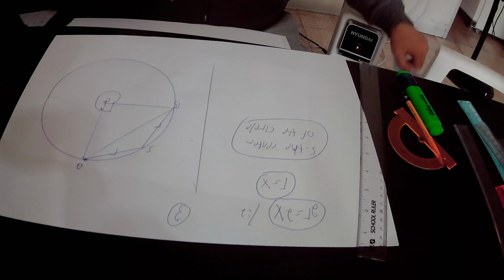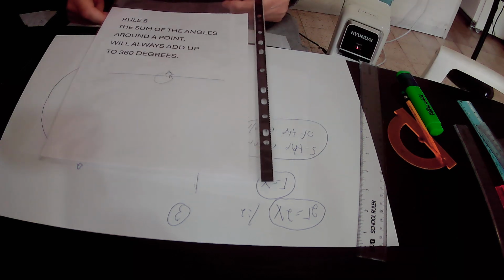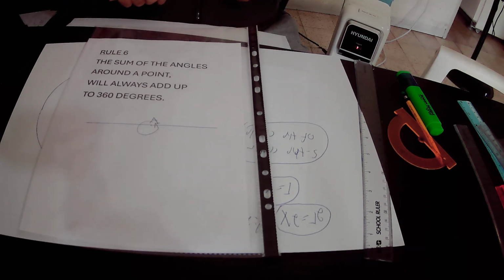We use here rule number 6. According to rule number 6, the sum of the angles around a point always adds up to 360 degrees.